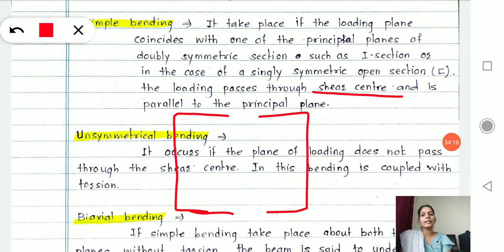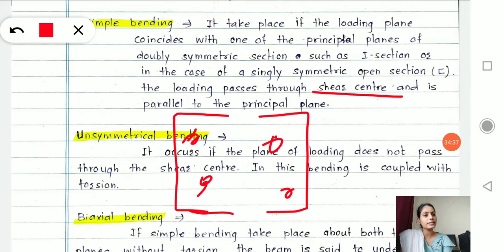The shear center is the point on this C channel where, if we apply the loading, there will not be torsion on our section. If I place the loading randomly anywhere else, then torsion will occur in singly symmetric sections.